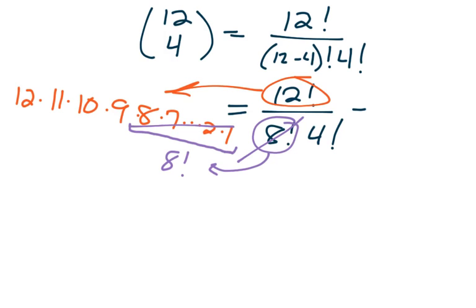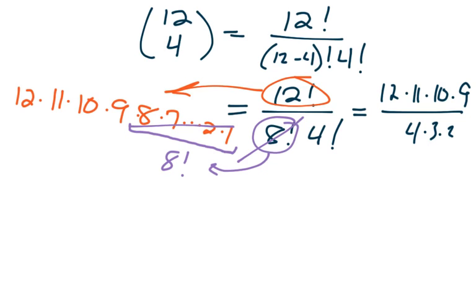All right, so what we're going to be left with if we make that cancellation, upstairs will be 12 times 11 times 10 times 9. Everything from 8, 7, 6, 5, 4, 3, 2 down to 1 all canceled out because that was just another way of writing 8 factorial. Downstairs we're left with 4 factorial, which is just 4 times 3 times 2 times 1, of course, but I can leave that off because multiplication by 1 is not changing the value at all.